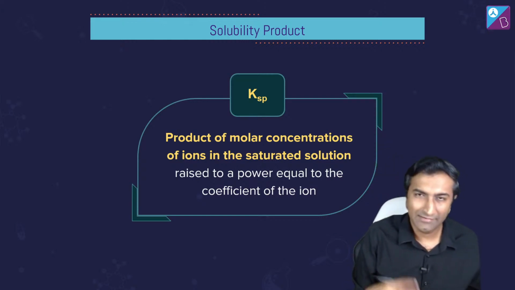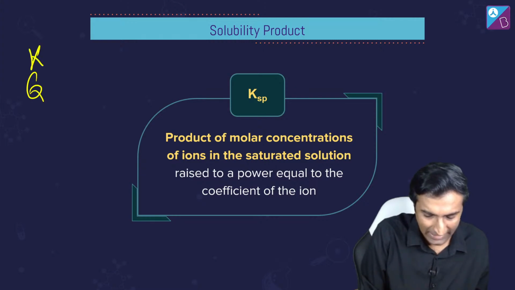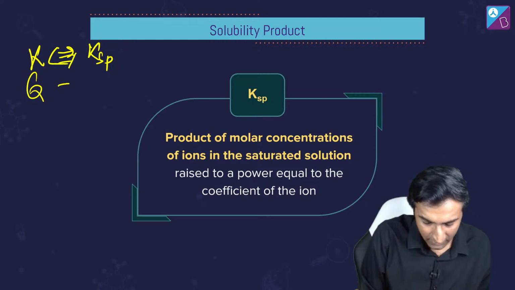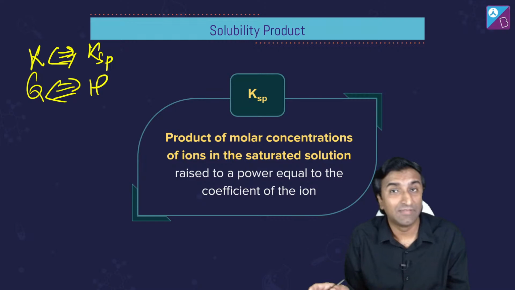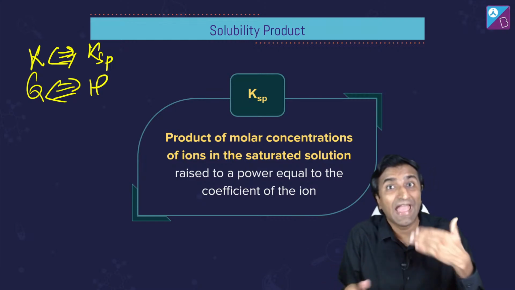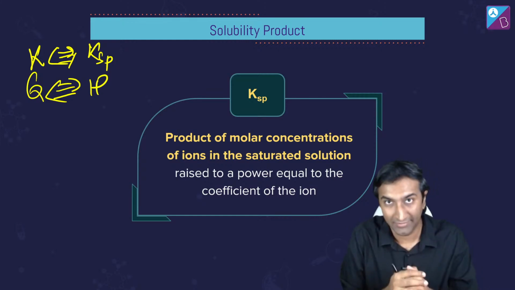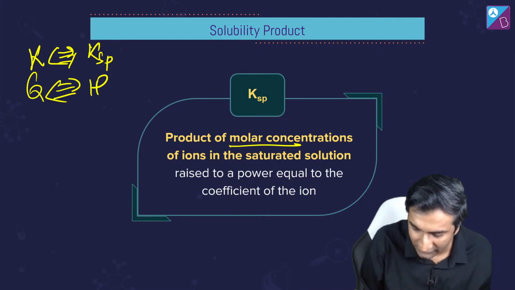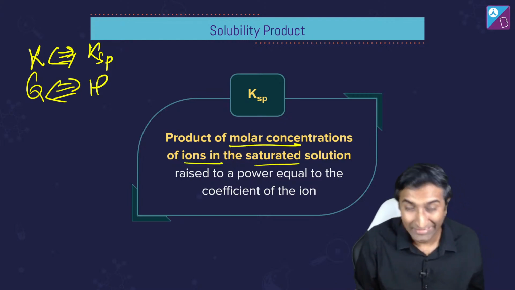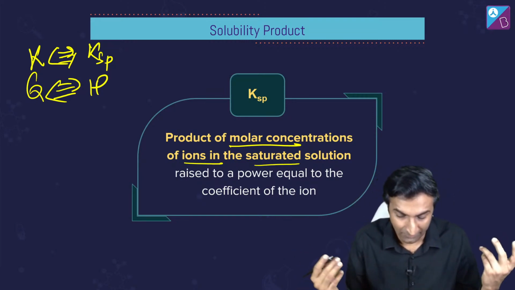Let me draw a similarity between Q and K, and KSP and IP. जैसे equilibrium constant is similar to KSP, Q reaction quotient is similar to KIP, यानी कि ionic product. ठीक है? That's it. It's as simple as that. So ionic product is the product of molar concentrations of ions raised to stoichiometric coefficients at any point in time.